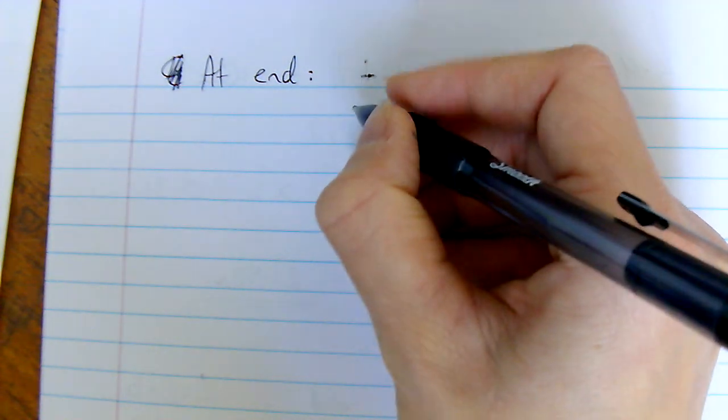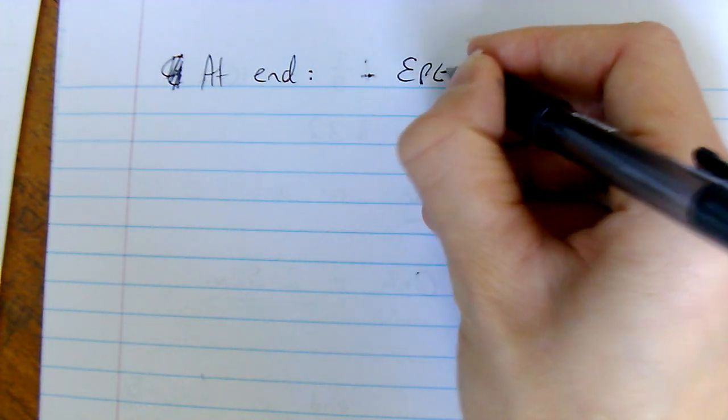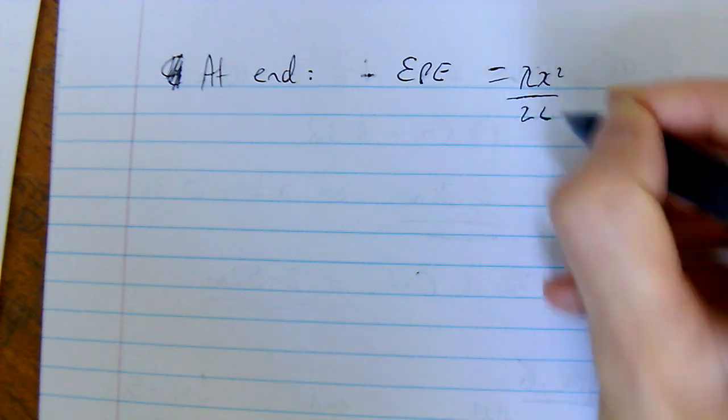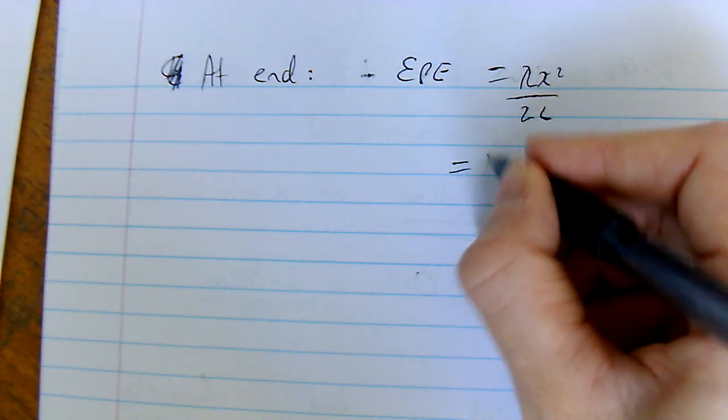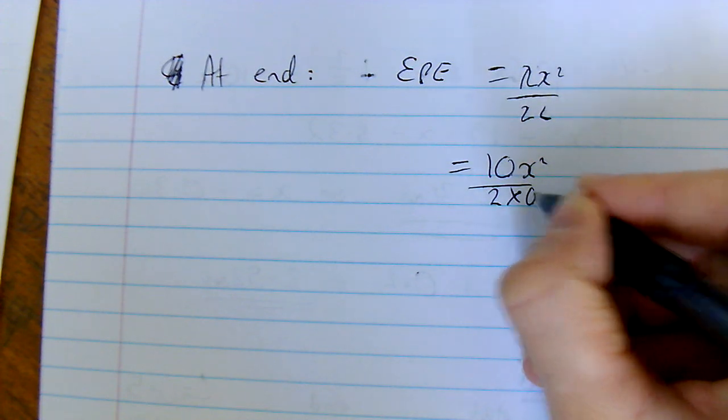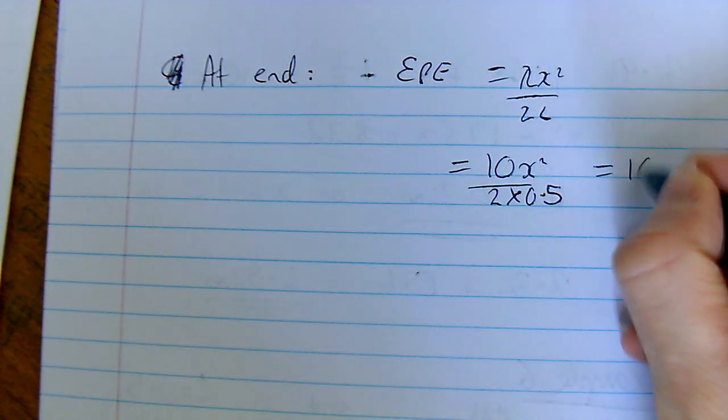We're also going to have, at the end, elastic potential energy because it's been stretched, and that's the formula for that. Putting in our values, is going to leave us with 10x squared.